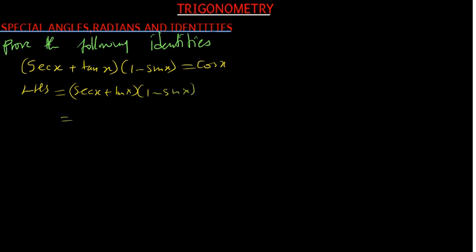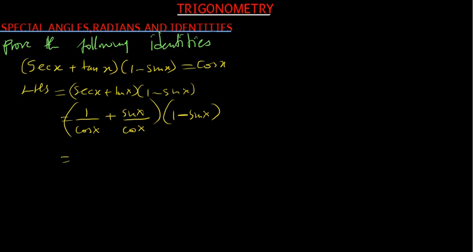So at this point we can multiply. Of course I can write the reciprocal. Sec means 1 over cos x, and then plus tan means sin x over cos x, and then multiplying them with 1 minus sin x.